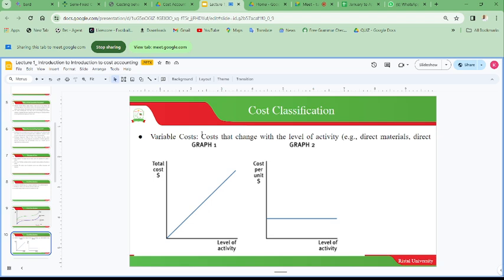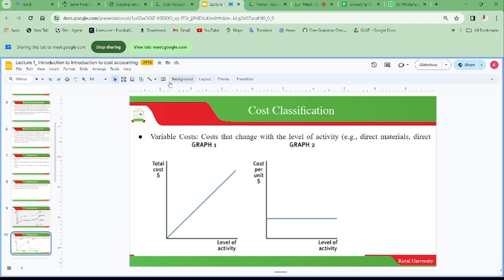For example, we have direct materials and direct labor. In other words, variable costs are costs that tend to vary in total with the level of activities. As the activity level increases, total variable costs will also increase.